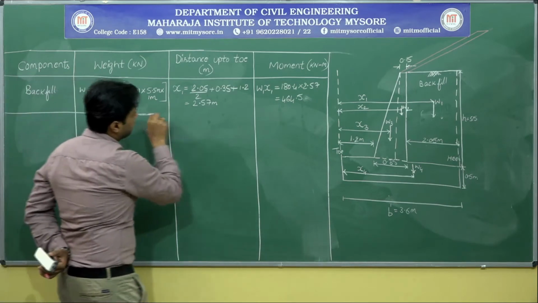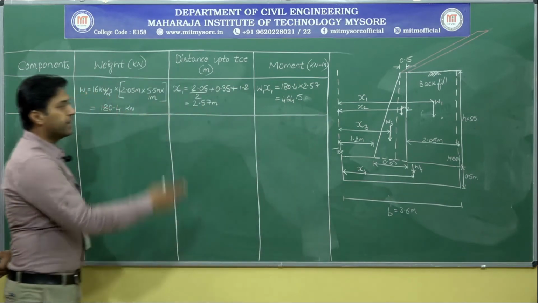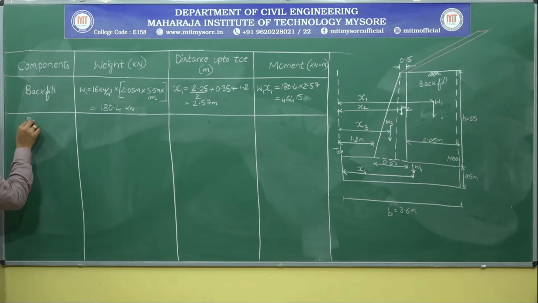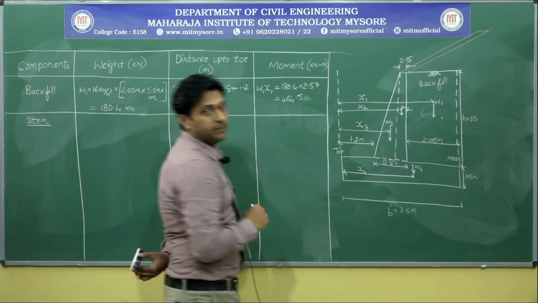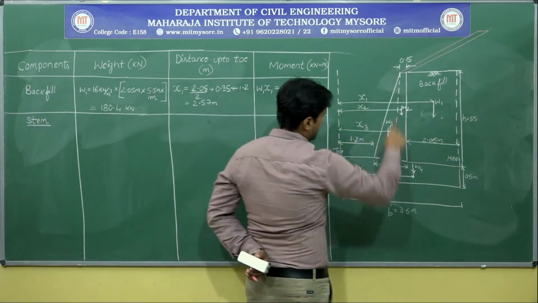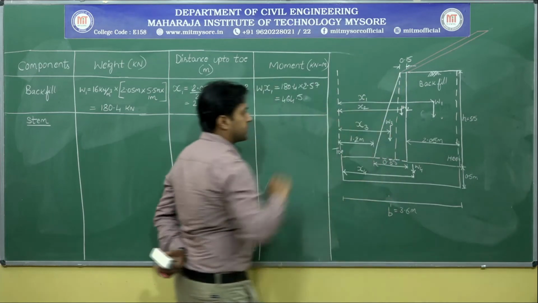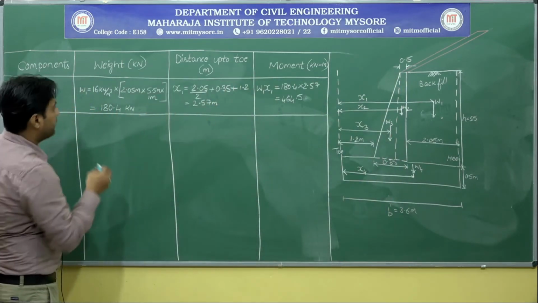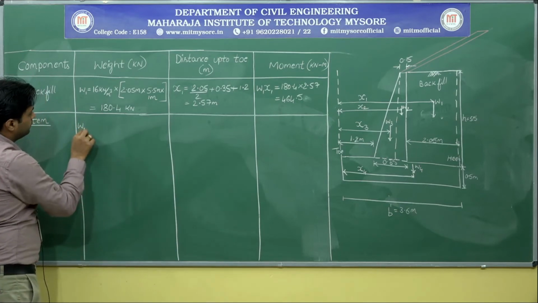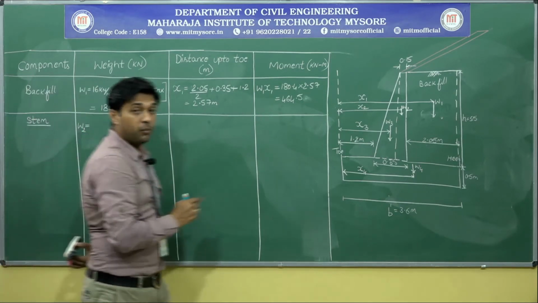Now let me go with the stem portion. In the stem portion we have two types: one is the rectangular projection and one more is the triangular projection. So be careful. For the rectangular projection, first I will go with W2.